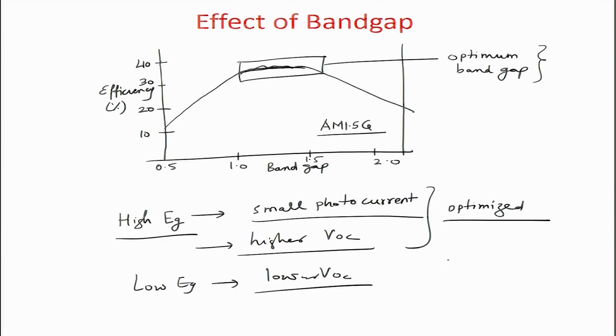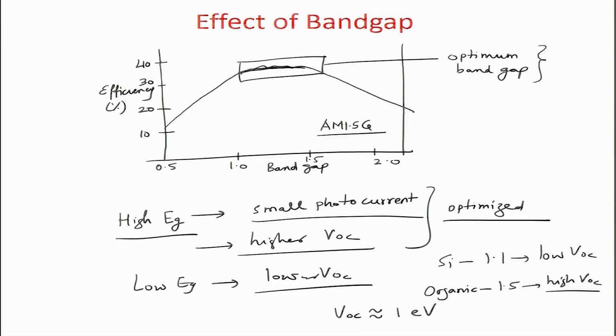So, you will see, for example, silicon which has a band gap of 1.1 electron volt, it will give you lower VOC, but something like perovskite or organic, where the band gaps could be 1.5 or even higher, they will give you higher VOC. So, for example, in perovskites we get a VOC of the order of 1 volt, whereas for silicon we get a VOC of nearly 0.6 volt approximately.